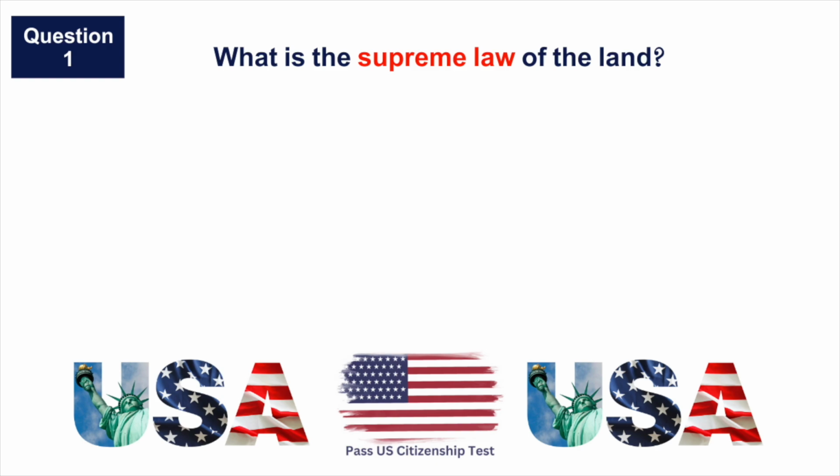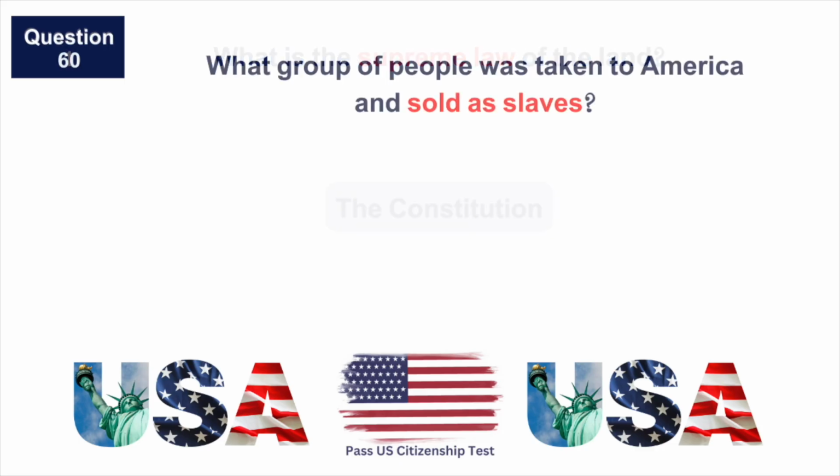What is the supreme law of the land? The Constitution. What group of people was taken to America and sold as slaves? Africans.